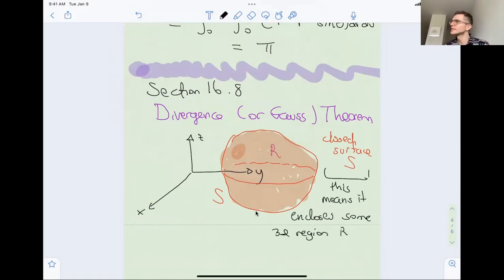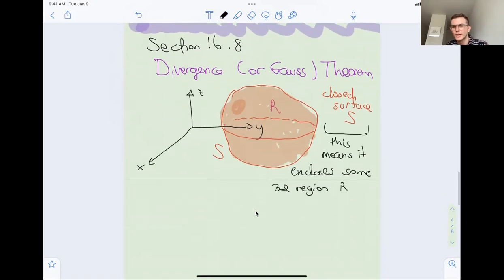Think of this surface as some sort of container, like a closed box or container.